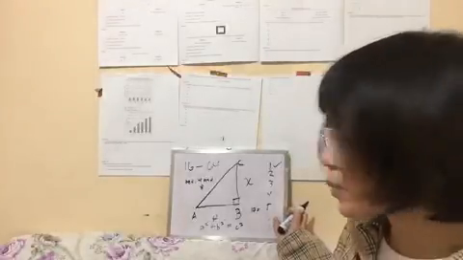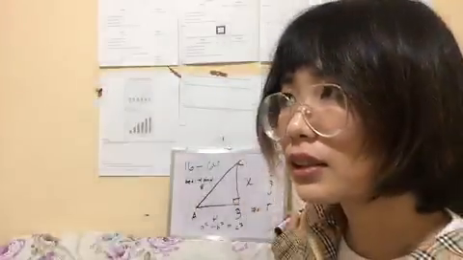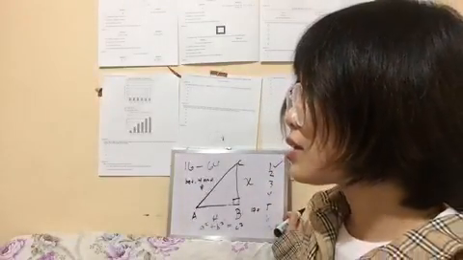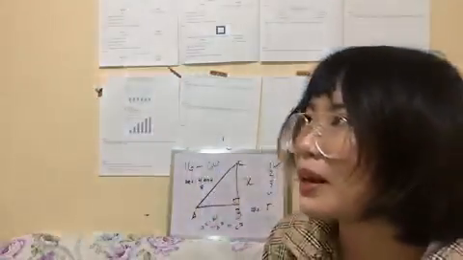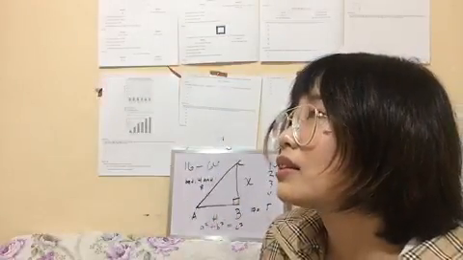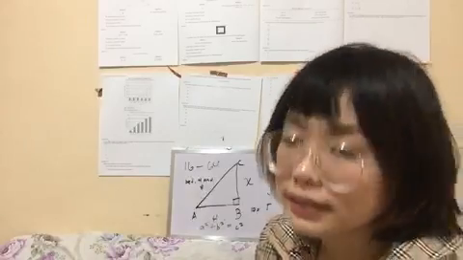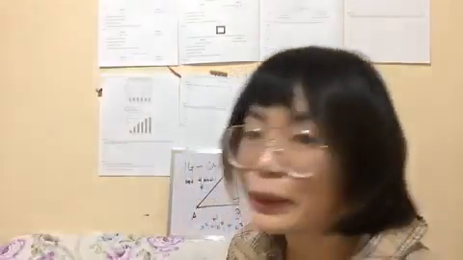6 squared is 36. 36 plus 16 is 62. No! 36 plus 16 is 52. 4 squared is 16, 6 times 6 is 36, and 16 plus 36 is 52.